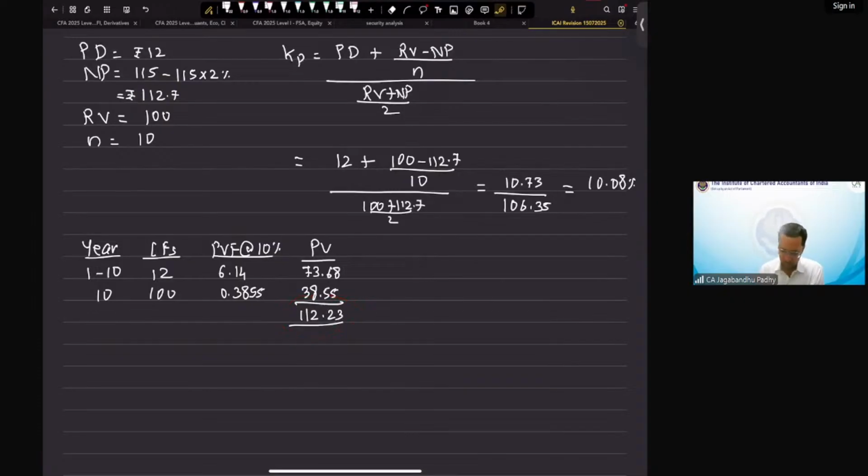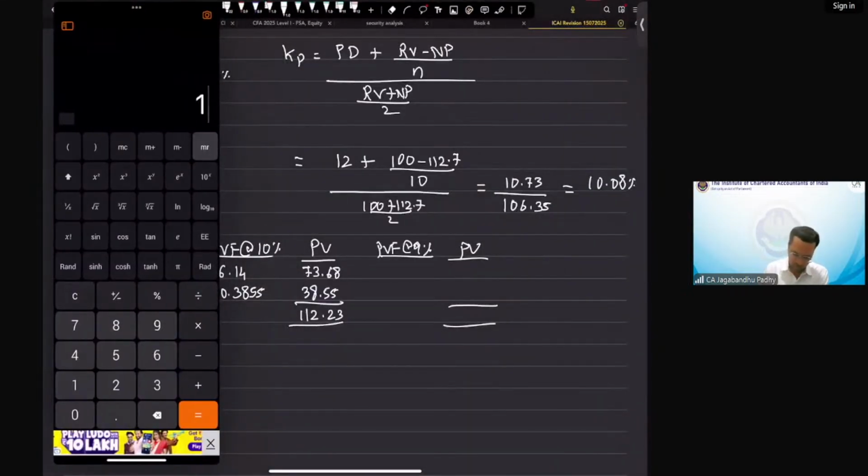Net proceeds, we want to match with 112.7 and we got 112.23. So still we need to increase this. I have to increase it from 112.23 to 112.7. So I need to decrease the rate of discounting. So I'll take the present value factor at 9% and take the PV of it.